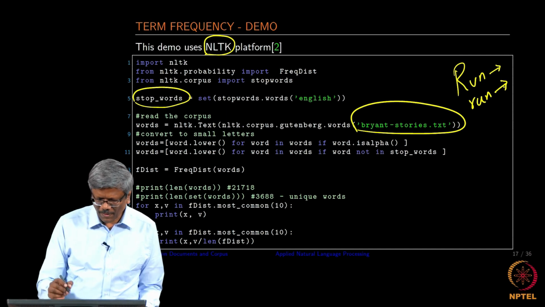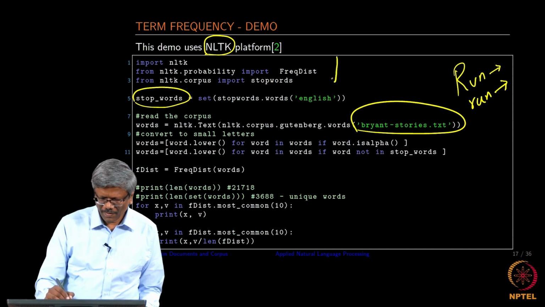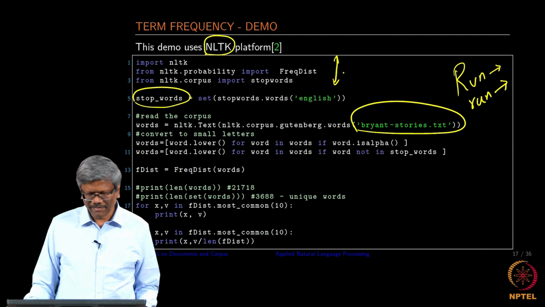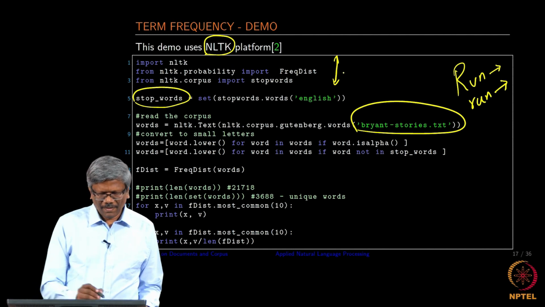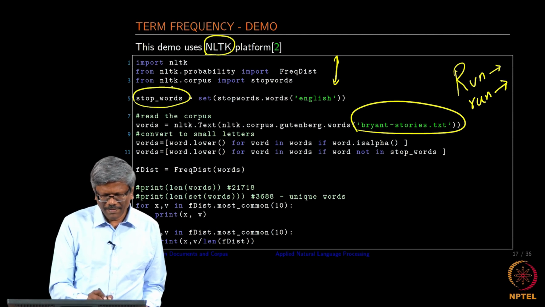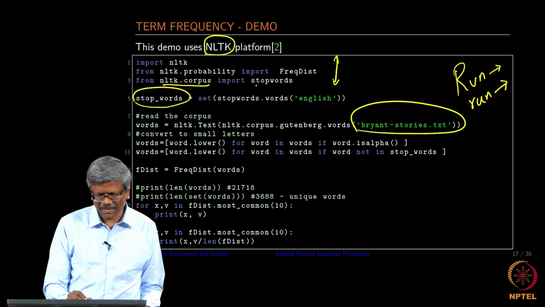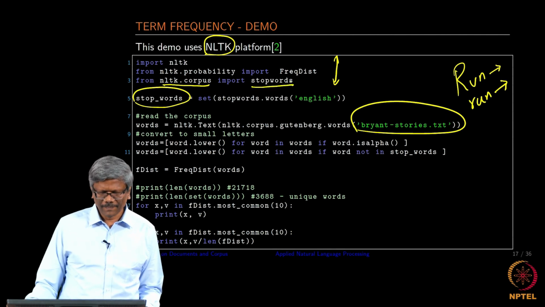For that, I made some imports. I am importing first the NLTK library, and then I am using the probability library of NLTK, wherein I have the frequency distribution defined. I am using the library from the corpus where stop words are defined.